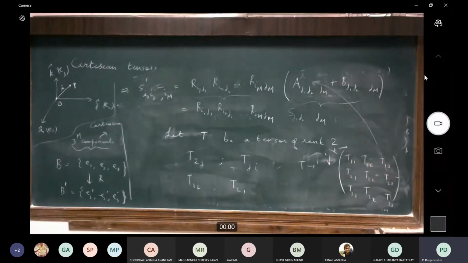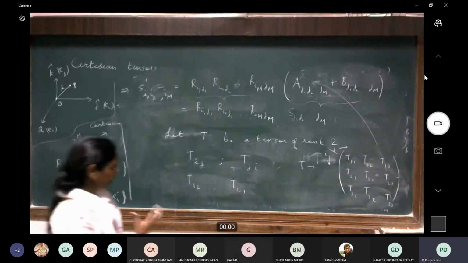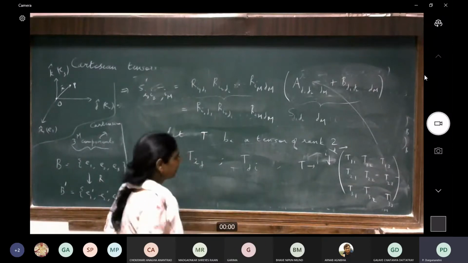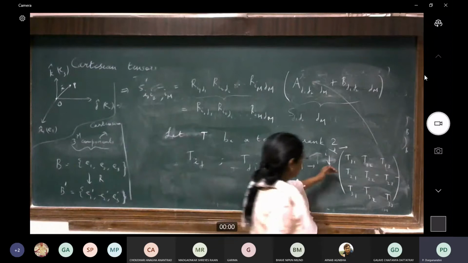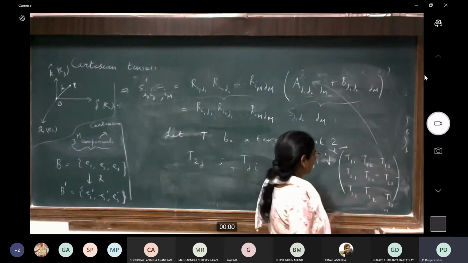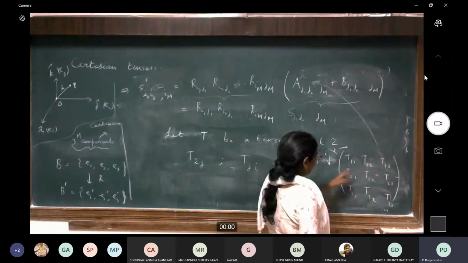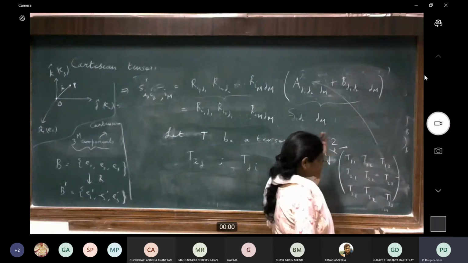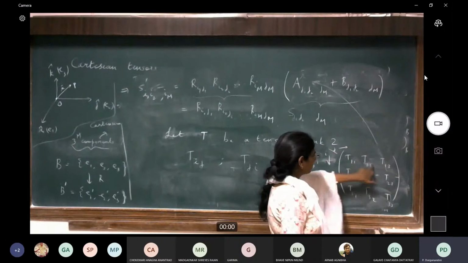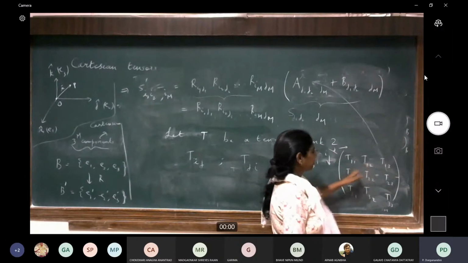So that distinction I think you should keep in mind about when indices are free, or when we label the object by some specific indices. Often we are interested, for example, now I have written this explicitly, the second rank tensor which has 9 elements, and sometimes it may be that your T12 and T21 are not really different.